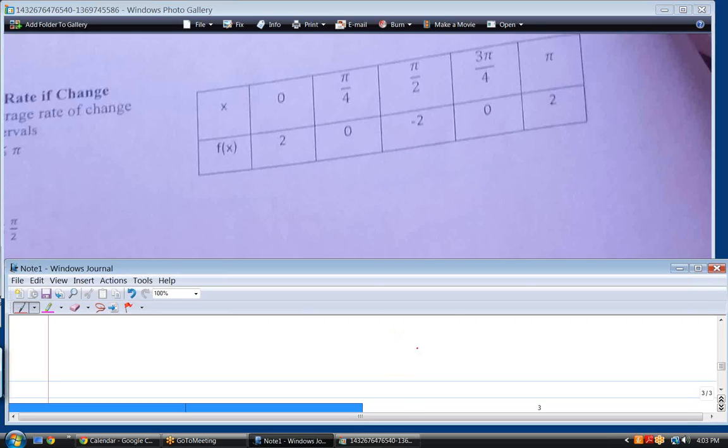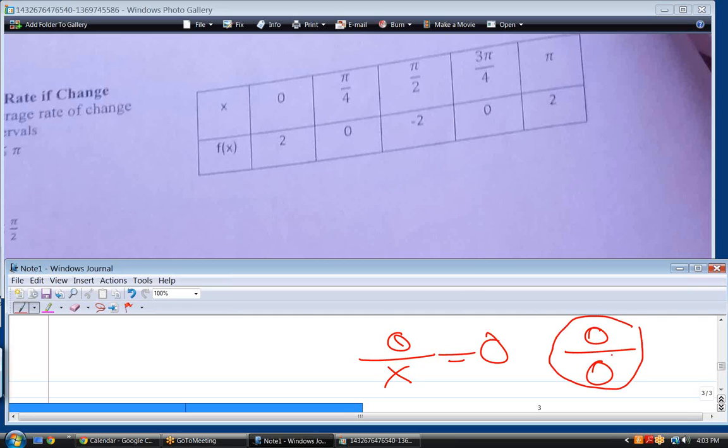In other words, 0 divided by anything equals 0 unless that anything is 0. 0 over 0 is the only thing that you don't know the answer to. If it's 0 over 0, you're into calculus. There's ways to figure the answer, but that's the only one we don't know what it is. If it's 0 over some number, it's 0. If it's some number over 0, that's the one that's undefined.